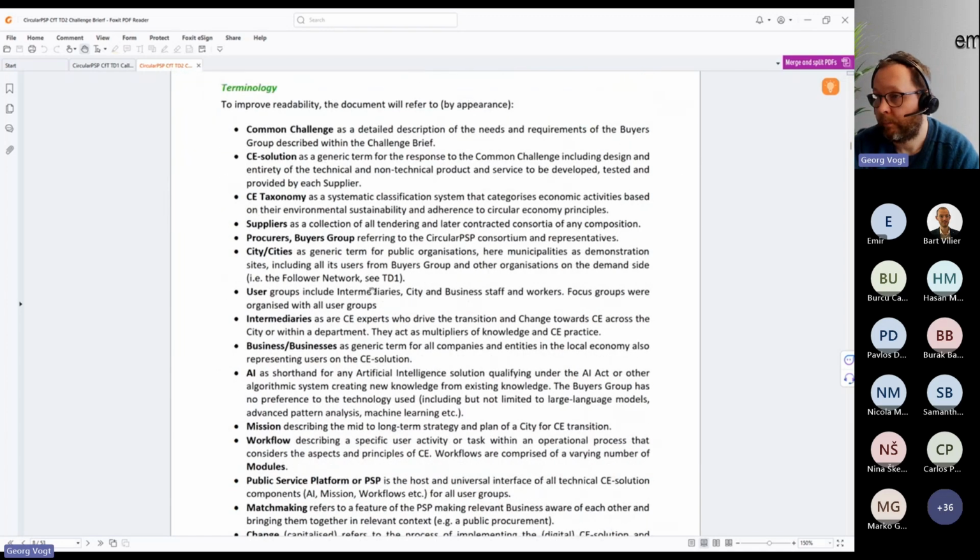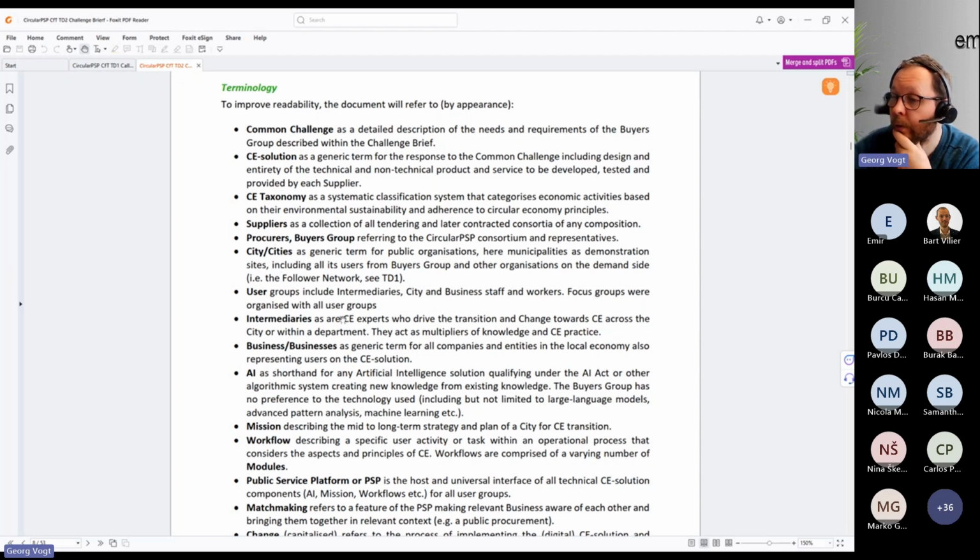And then terminology. This is a terminology we hopefully used in a disciplined fashion throughout the proposal, and it's important to understand. Shall I go one by one? It's already 50 minutes, so maybe not.